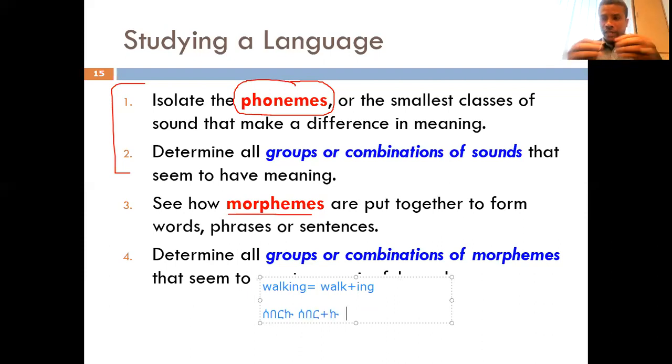Otherwise, you cannot further divide Sabar into smaller pieces, because if you do that, the meaning of breaking will be totally lost. And Ku, the letter Ku, means K and U together, so you cannot further divide it into two pieces.